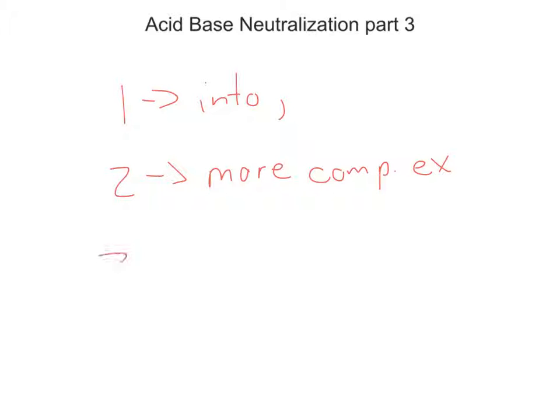And you've guessed it, part 3 is going to be an even more complex question. Now in part 3, we're going to be looking at an example where one of our ions is going to have a +3 charge, and one of our ions is going to have a -2 charge.